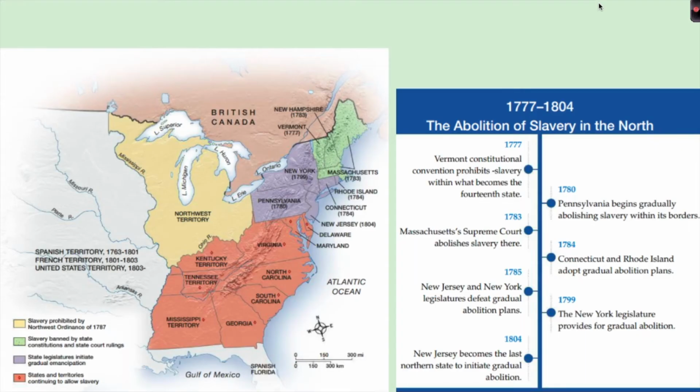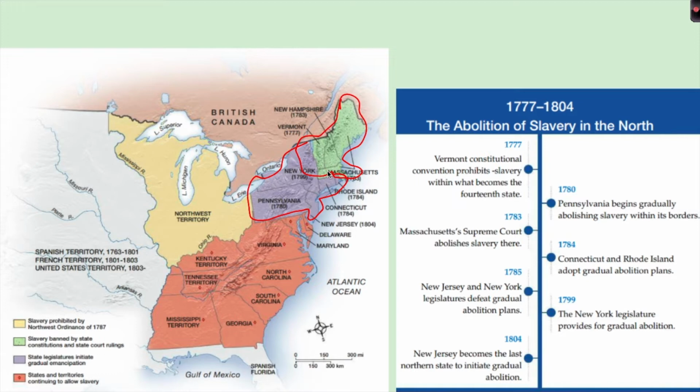So, looking at the process of abolition in the North, where we're going to end up is we're going to have complete abolition, and slavery is going to be banned in our New England territories. It's going to get to a point of gradual emancipation for our middle colonies and more of the North.